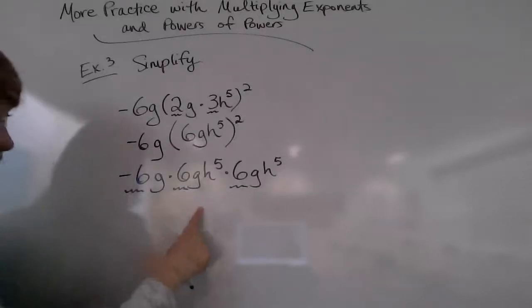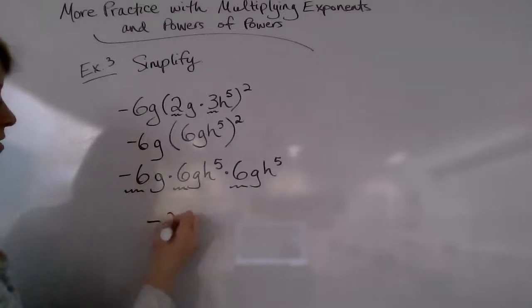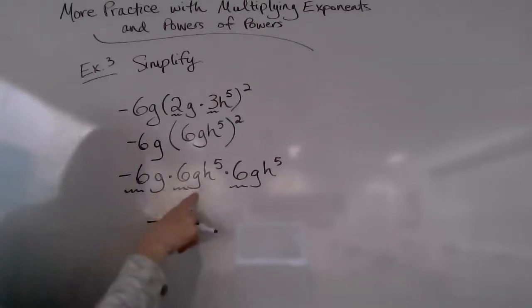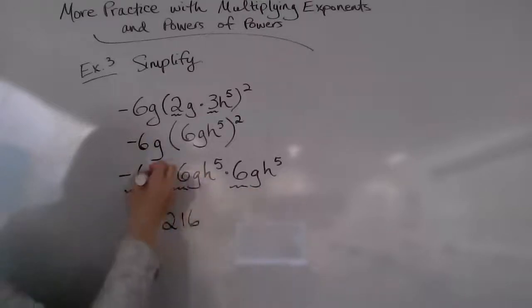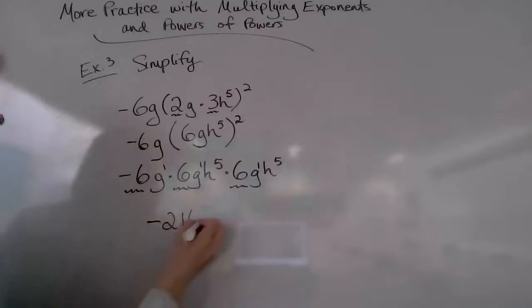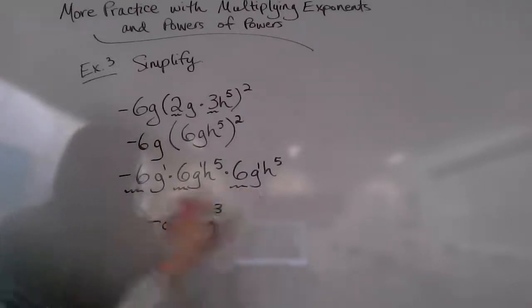Multiply -36 times another 6, and we get -216. Now, let's go alphabetical. Look at our g's. We have g times g times g. These are all just g to the 1st power. So that becomes g to the 3rd power. G times g times g, g to the 3rd power.